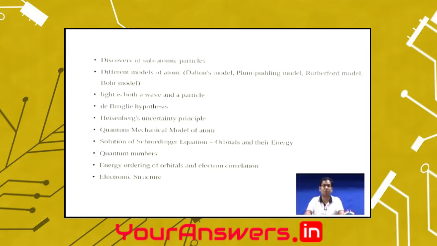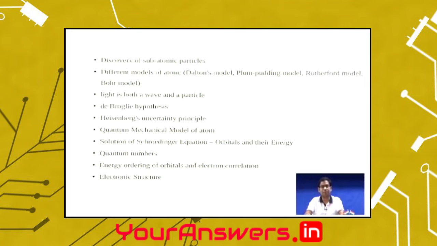Slight improvement was given by the plum-pudding model of J.J. Thomson. We talked about Rutherford's model, and finally we came to Bohr's model. Bohr's model was quite good for hydrogen atom or other single electronic species, but it was off the mark for multi-electronic systems.